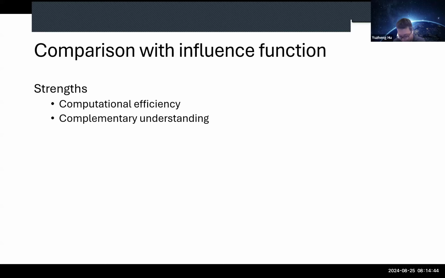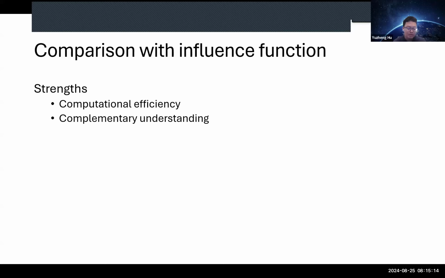It is very computationally efficient, particularly compared to influence function, because it does not concern those very computationally intensive parts in influence function, for instance the Hessian-vector product. The whole procedure is very simple, and it only involves computing the gradient of the loss with respect to the prediction, which is also very computationally lightweight.